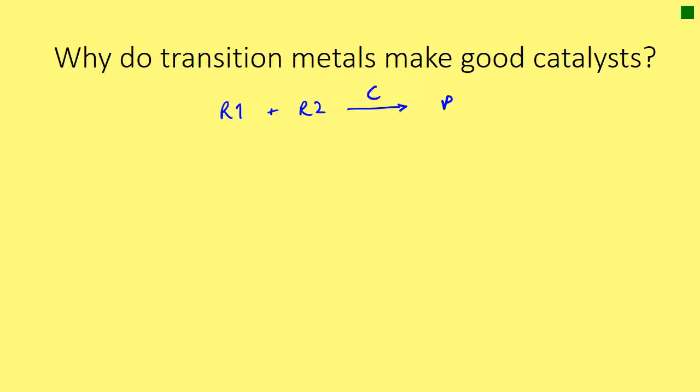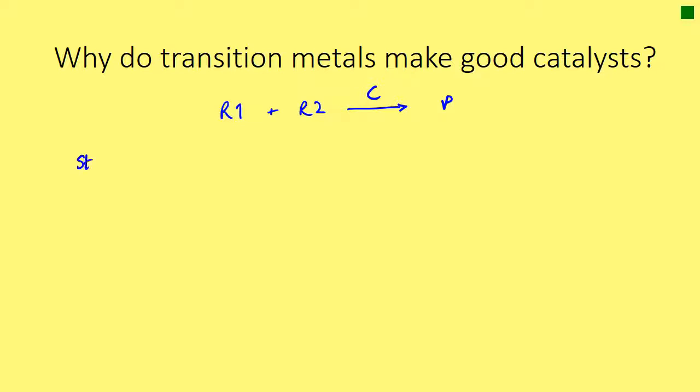So we might use a catalyst, let's call it C, in order to speed up that reaction. And so the reaction then would, instead of going off in perhaps a single step, proceed in two steps, such as this. And the two steps would take less time than the one step.